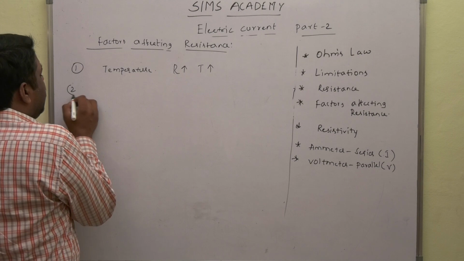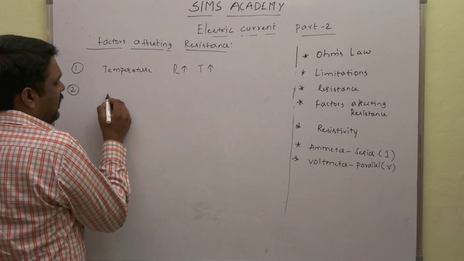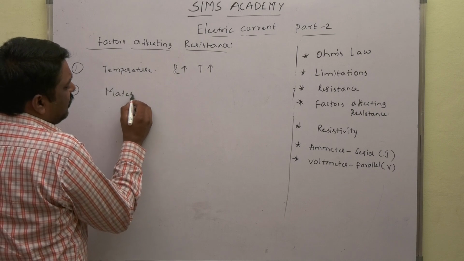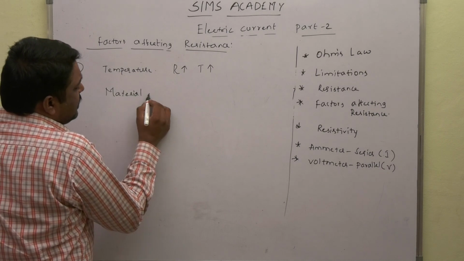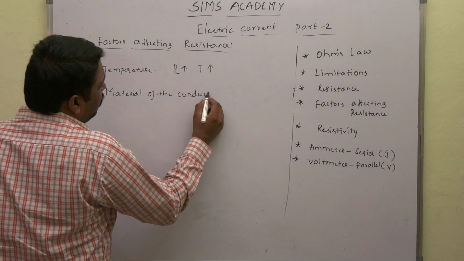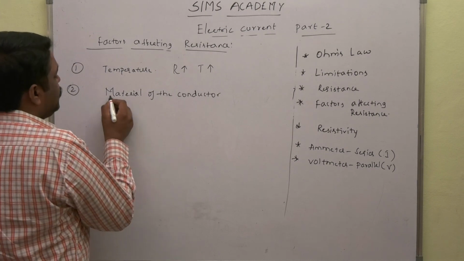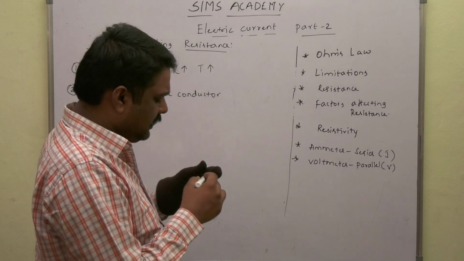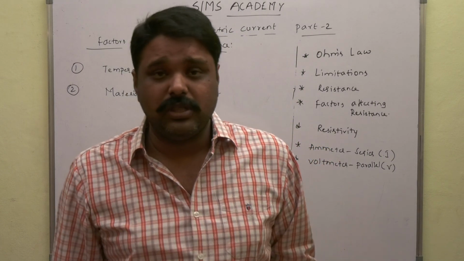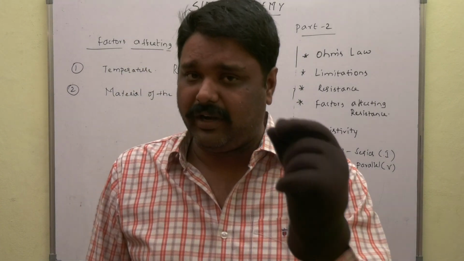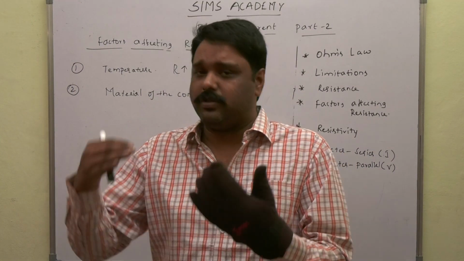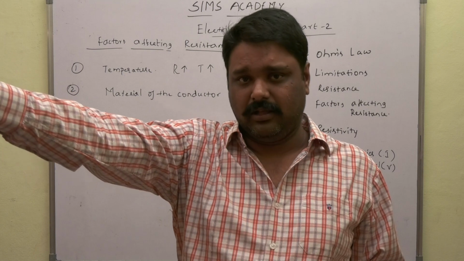And the second one is the resistance of a conductor depends upon the nature of the material of the conductor. As we know, the immune system is different for different people. Suppose I along with my brother have gone somewhere.